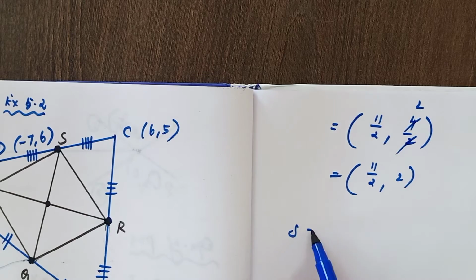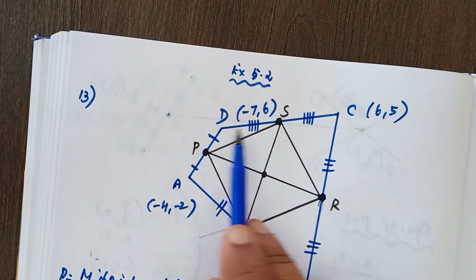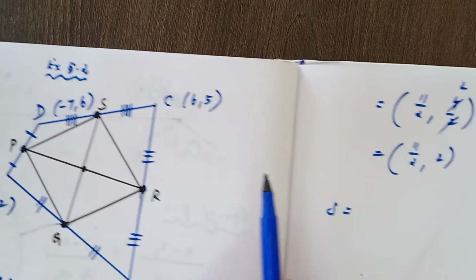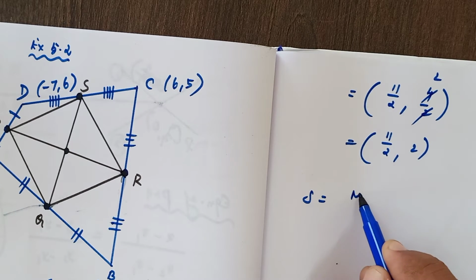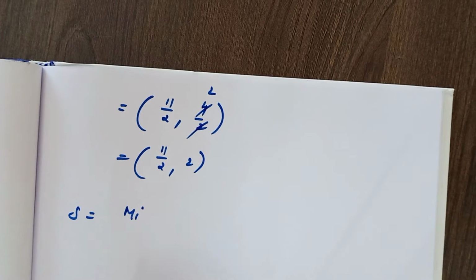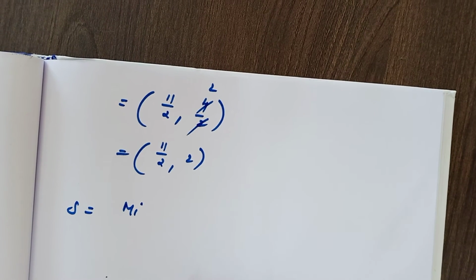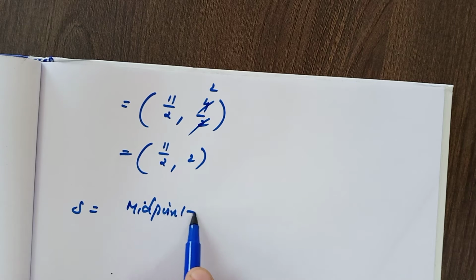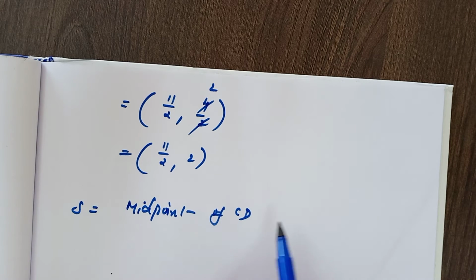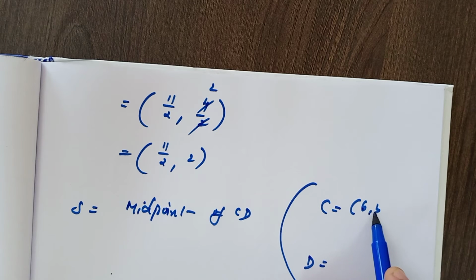Finally, point S. Look at the diagram. S is the midpoint of CD. C and D: C point is (6, 5), D point is (-7, 6).